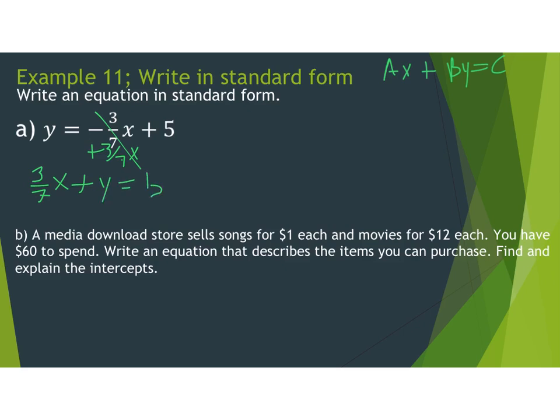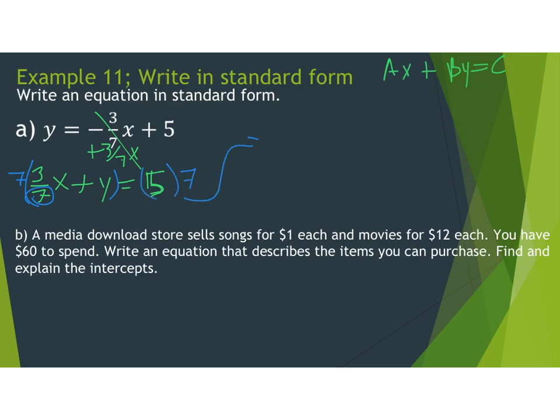Okay, now the other thing that is true about standard form is we can't have fractions. So in order to get rid of the fractions, what we need to do is multiply everything by the denominator. So since we have a denominator of 7, we need to multiply this by 7, this side by 7, and if you do it to one side, you gotta do it to the other side.